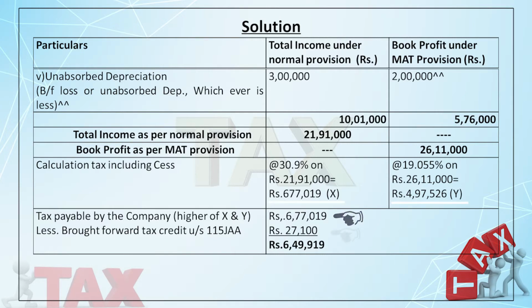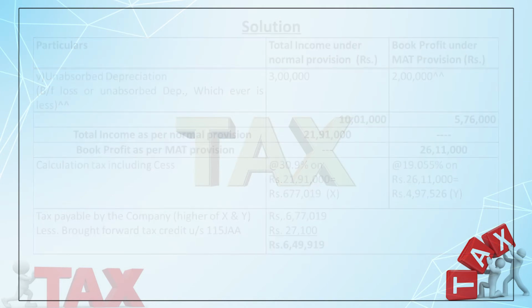Now, you have to deduct the brought forward tax credit, MAT tax credit under section 115JAA. So, after deducting this amount, you will get the tax liability. Now, what would be the amount of carried forward MAT credit under section 115JAA?